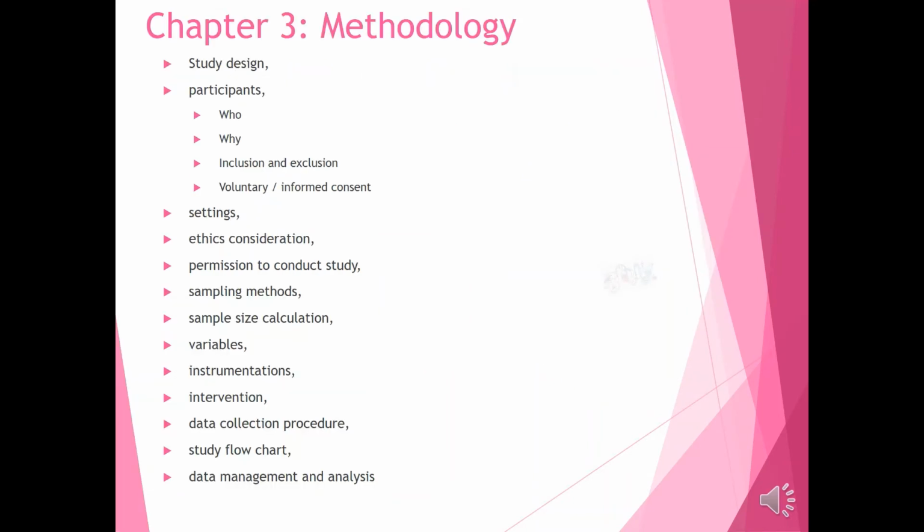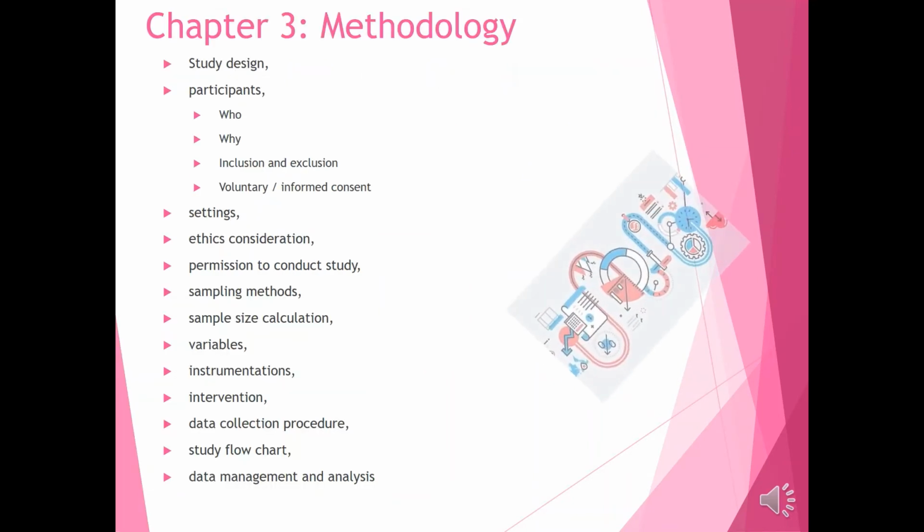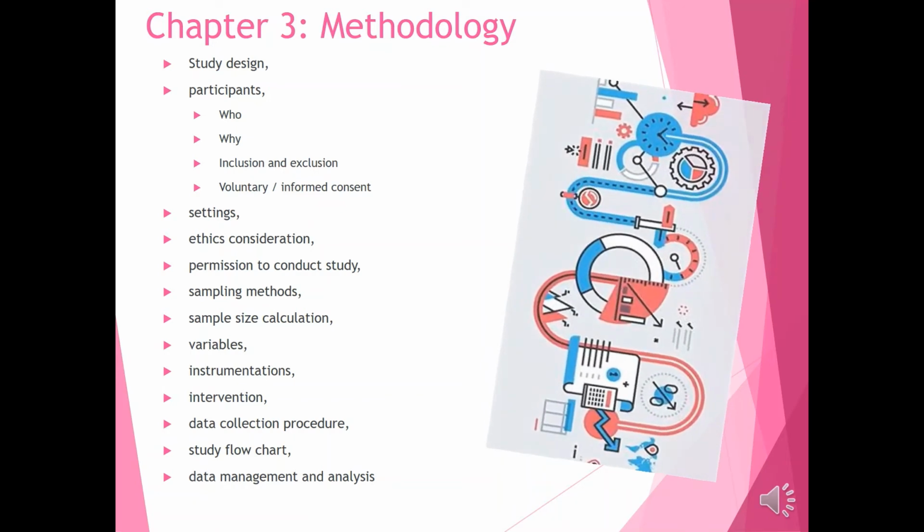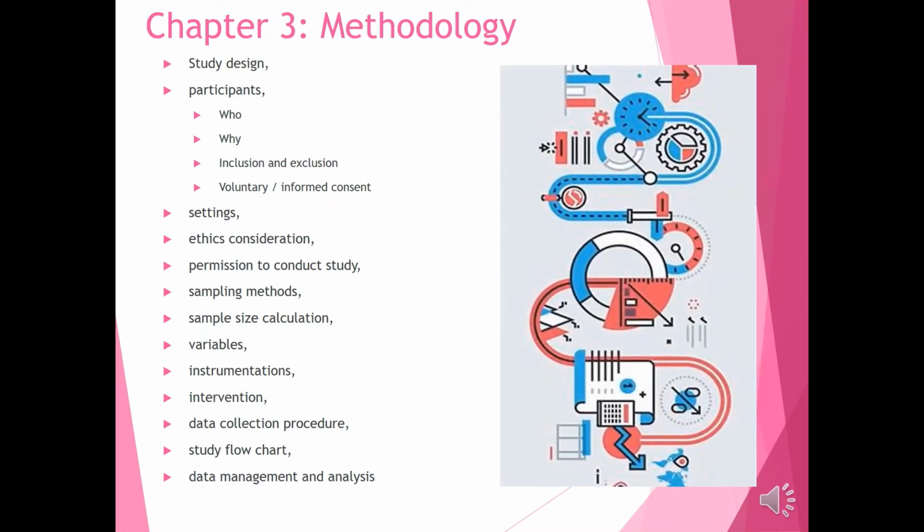Okay, so then chapter 3 is your methodology or your methods, where you actually write the technical part of the methods on how you are going to collect the data.